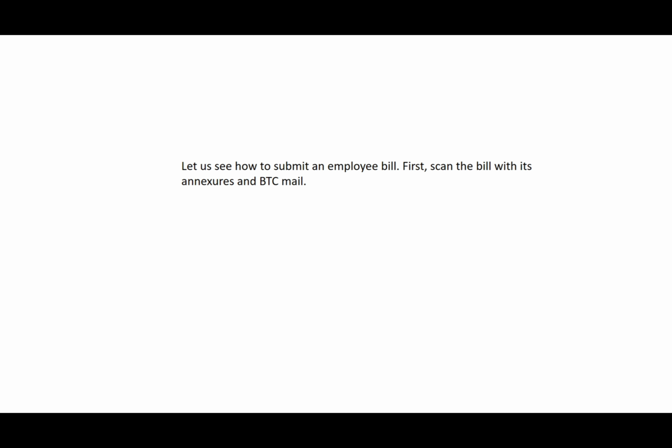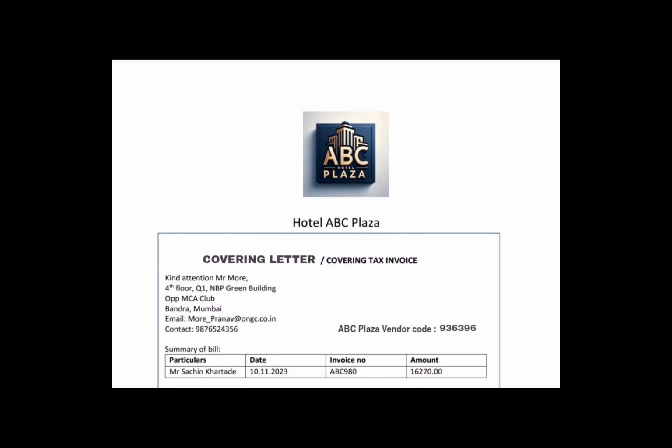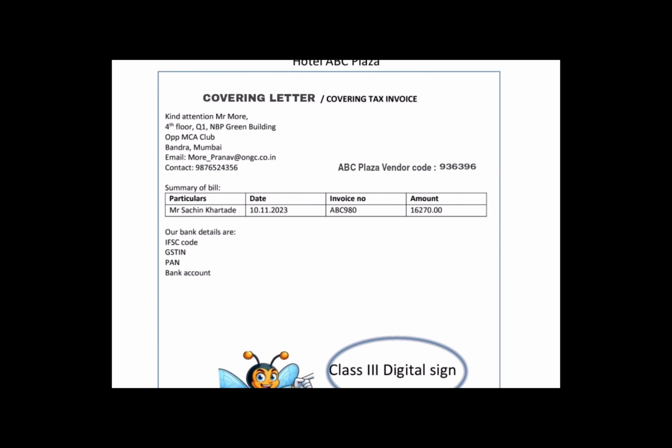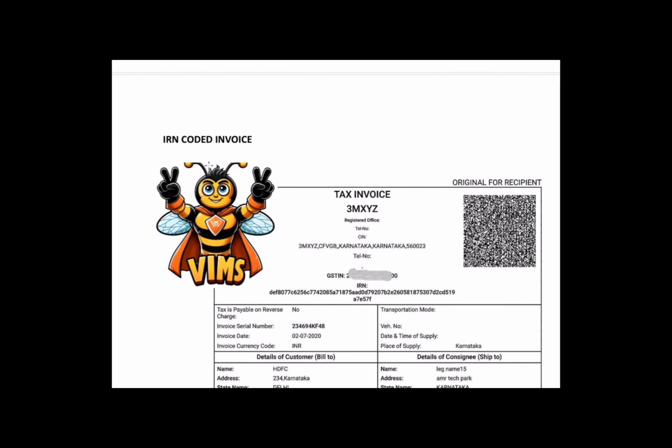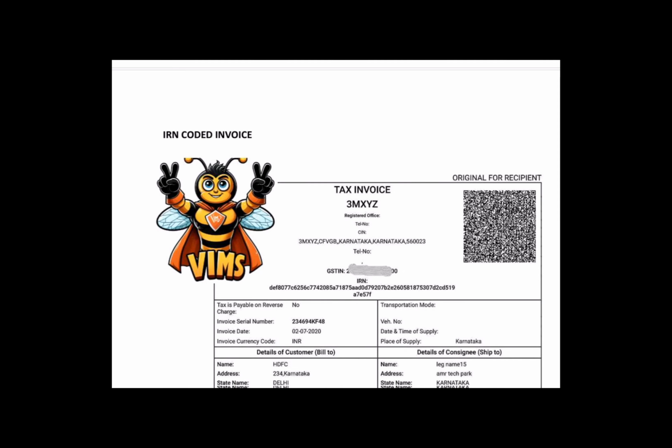First, scan the bill with its annexures and BTC mail. Here is a sample invoice. Tax invoice will have a Class 3 digital signature on it. If a vendor is eligible for IRN-coded or QR-based invoice, then attach the copy of the QR-based invoice.